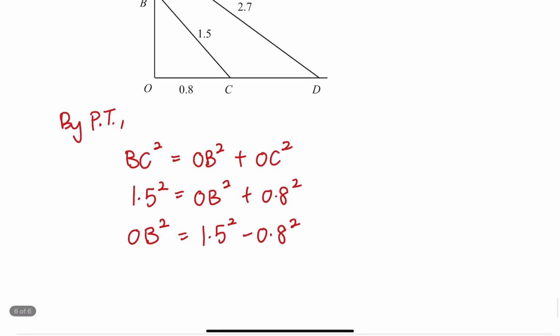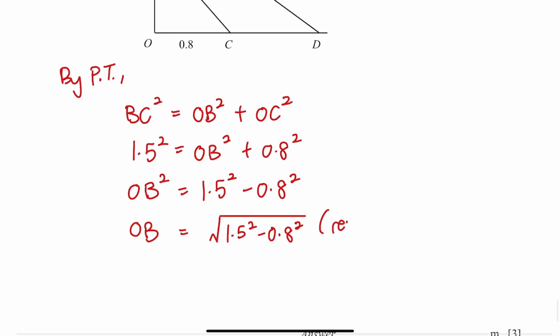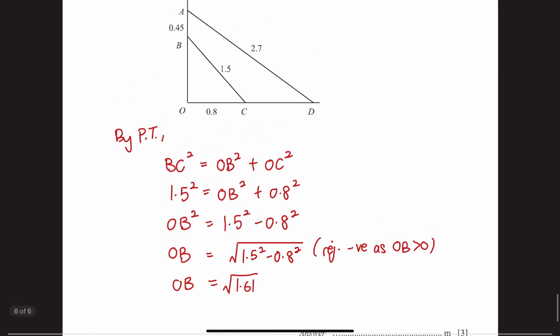From here, OB is simply equal to the positive root of 1.5 square minus 0.8 square. We reject the negative as OB is positive. Therefore, OB is equal to square root of 1.61. So I know that this length over here is square root of 1.61.